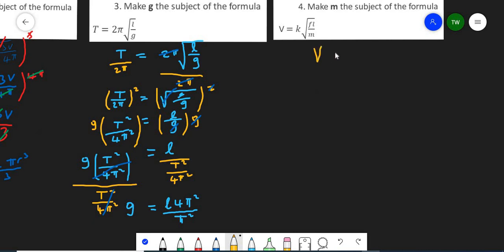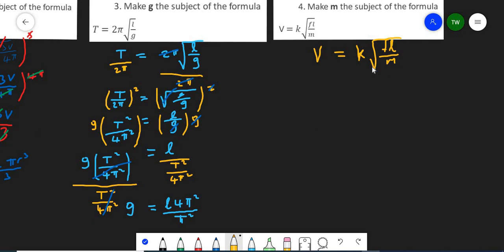And V is equal to K times the square root of FL all over M. I want to make M the subject.